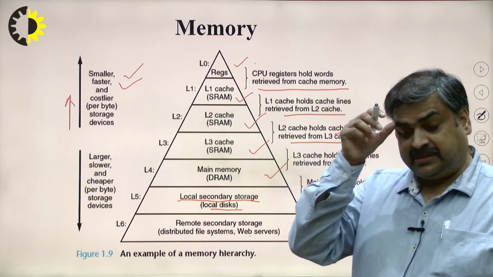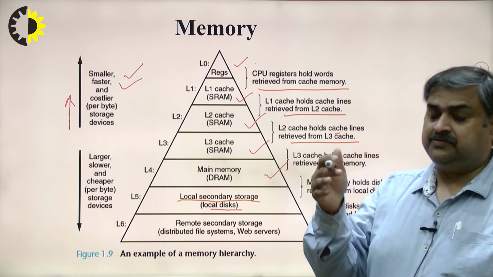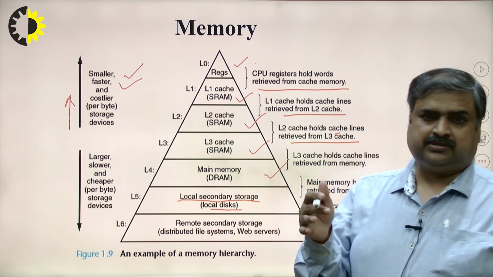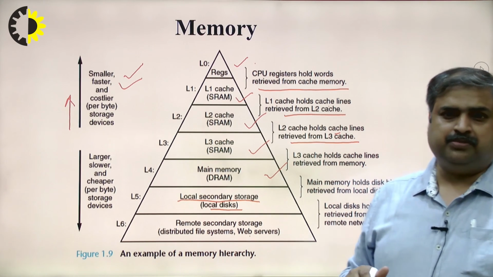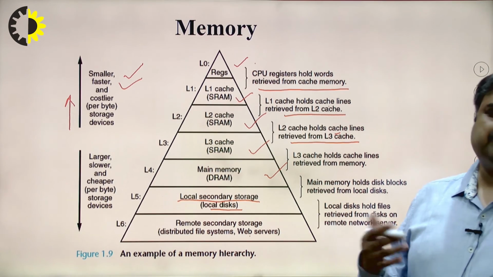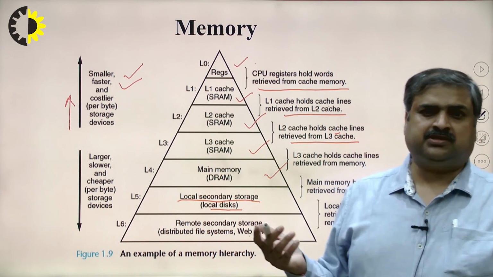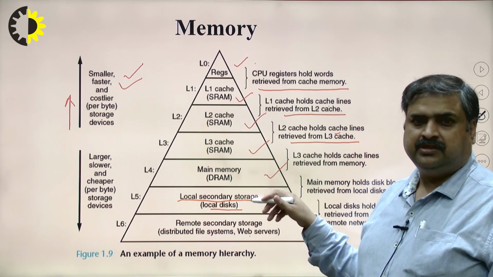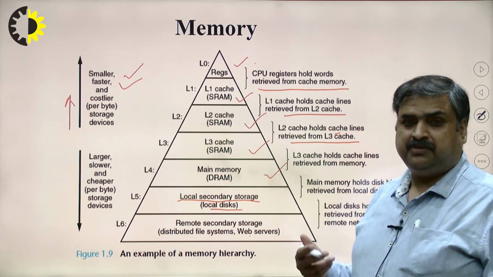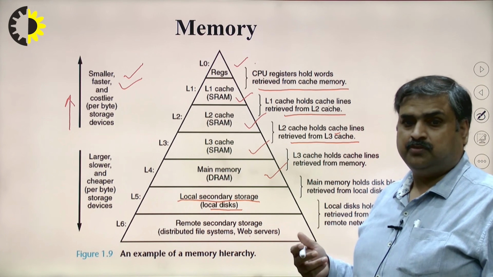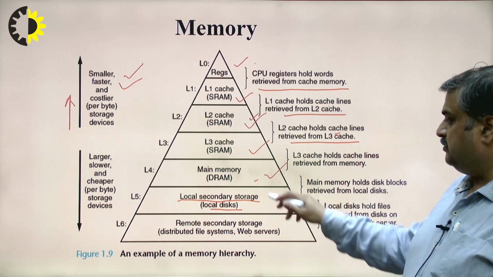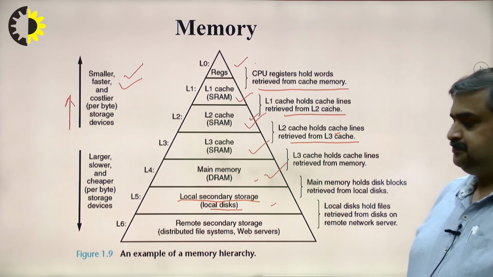You can easily say that we have hard disks like 1 TB, 2 TB attached in our computer, whereas RAM we have 4 GB, 6 GB, 16 GB, 32 GB. So that is the difference you can understand. There is a huge difference in the cost also. Cache memories are costlier than RAM, and RAM is costlier than this.